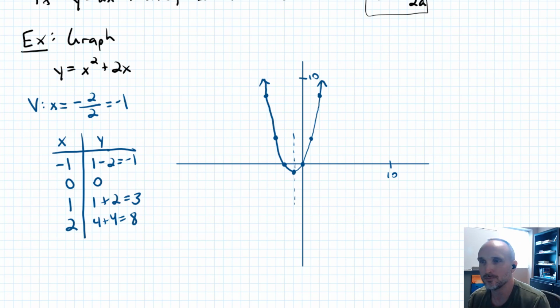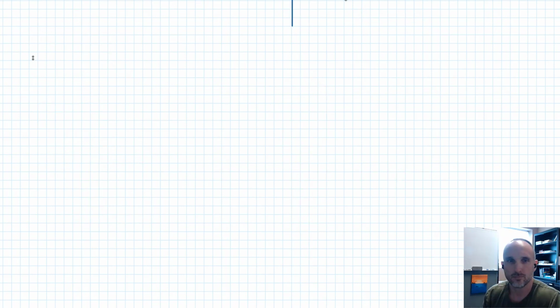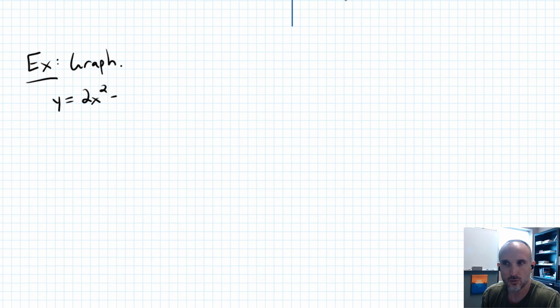Let's do a couple more. Let's graph y equals 2x squared minus 4x plus 3. And so for my vertex, I get x equals negative b, which is positive 4, over 2a. 2 times 2 is 4.